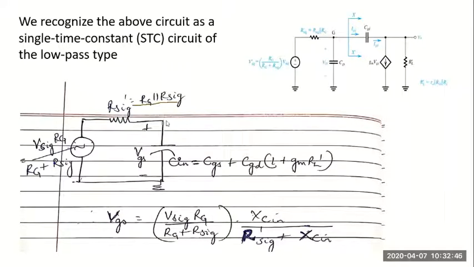The output voltage which is across this capacitance divided by input voltage gives me the transfer function. So let us find VGS.